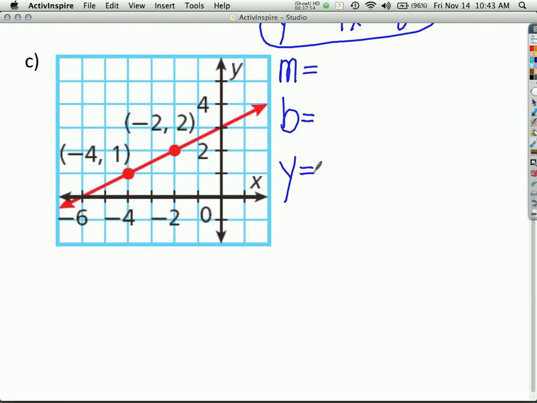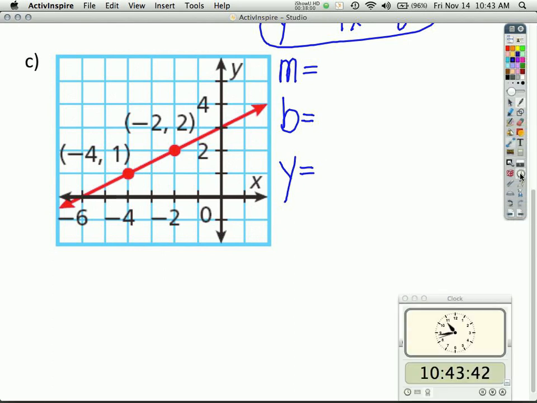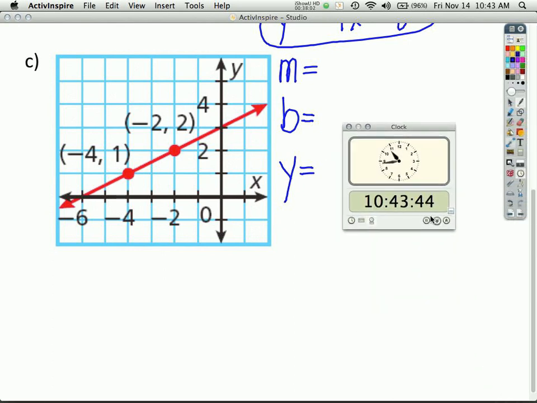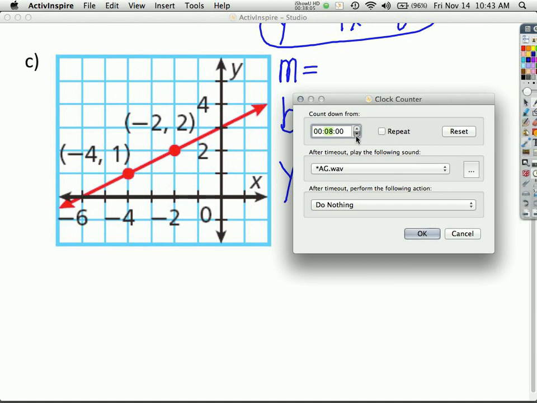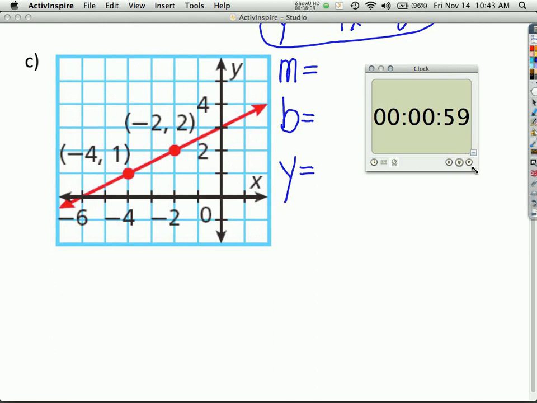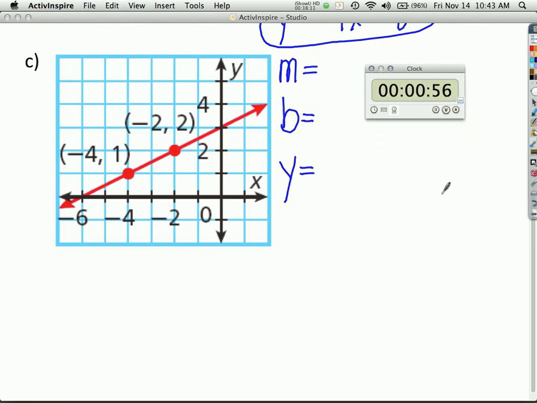So, now we need the slope. How are we going to get it? You've got 1 minute of team talk to figure out a way of finding the slope.